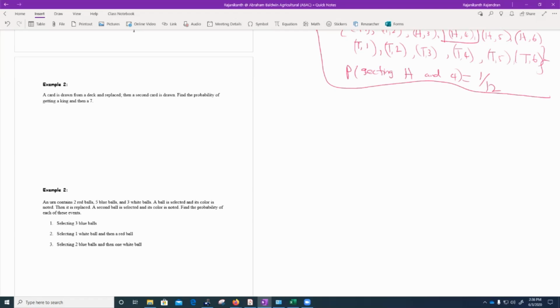But here we could use the product rule formula only for independent events. Therefore, make sure that two events are independent when you apply that product formula for two events.